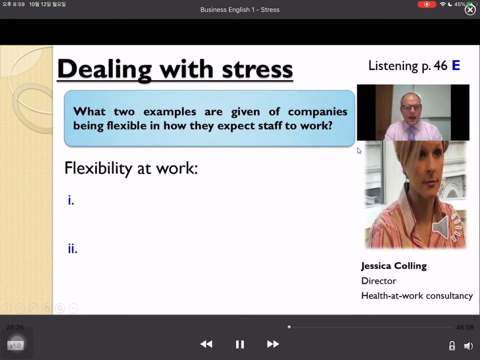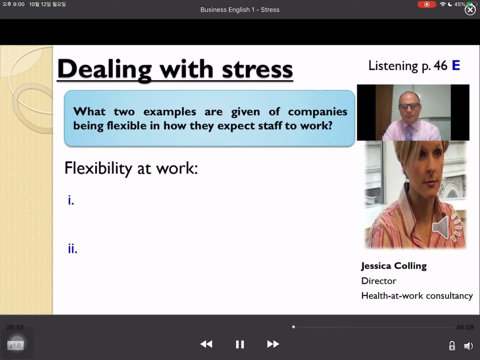Okay. Once you've finished, there's a second listening exercise. What 2 examples are given of companies being flexible in how they expect staff to work? So there's that key word, flexibility. A really great word in business, especially if you're going for a job interview, you're talking about working situations, companies trying to be more flexible these days.